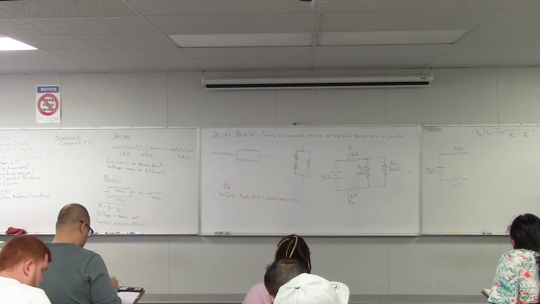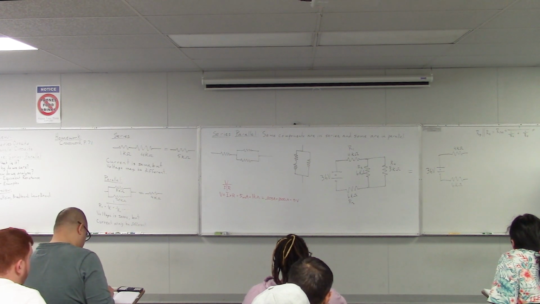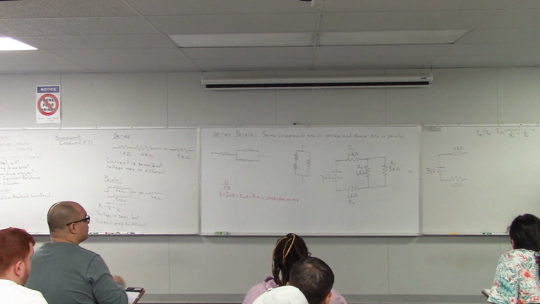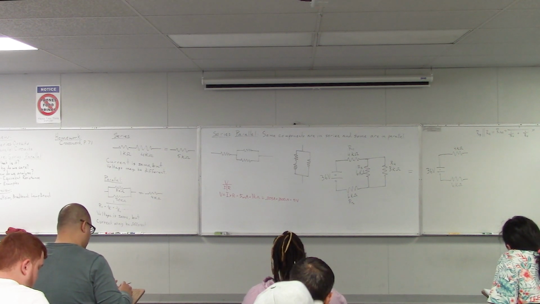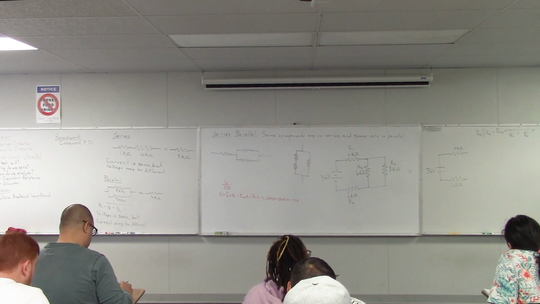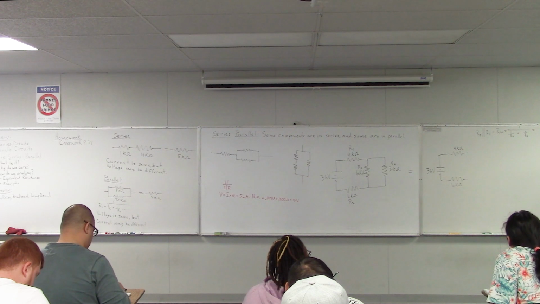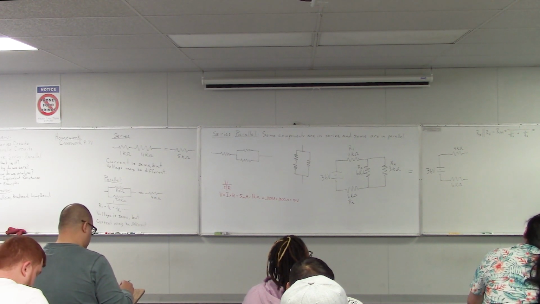Does somebody have a calculator? What does that come out to be? Yeah, perfect, 2,000. So this is 0.001, or 0.166, something like that.